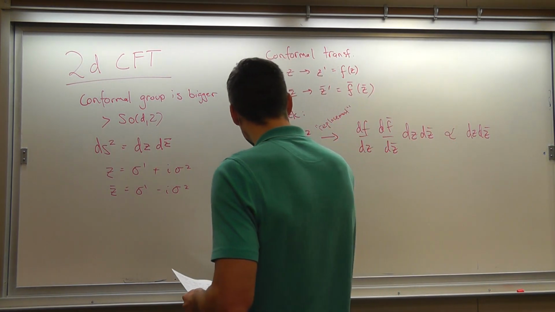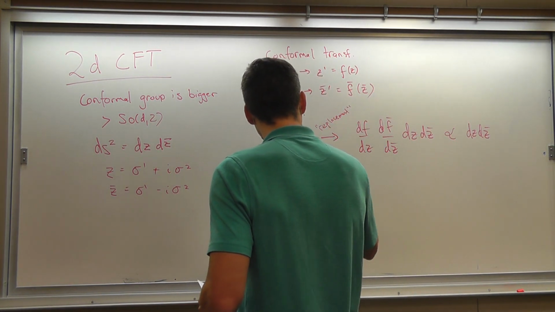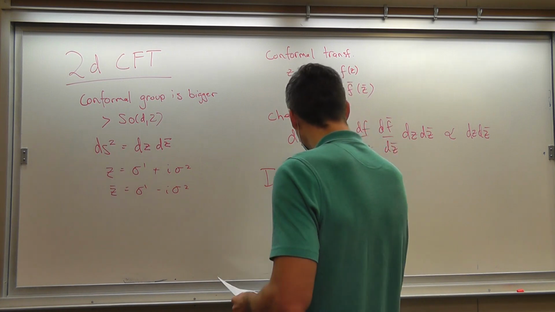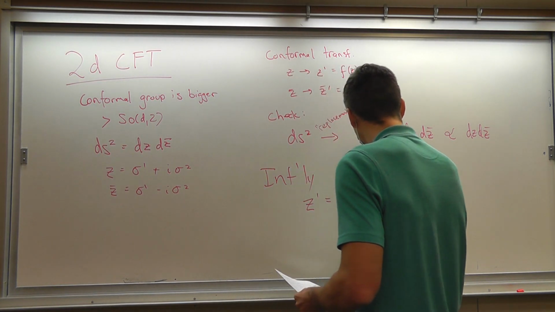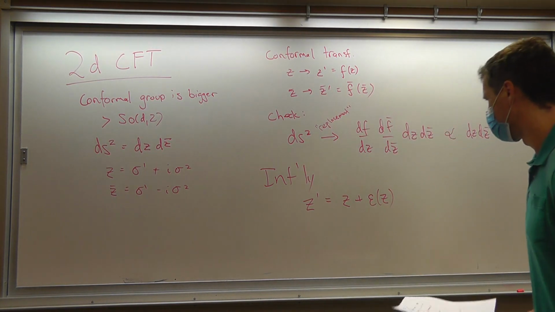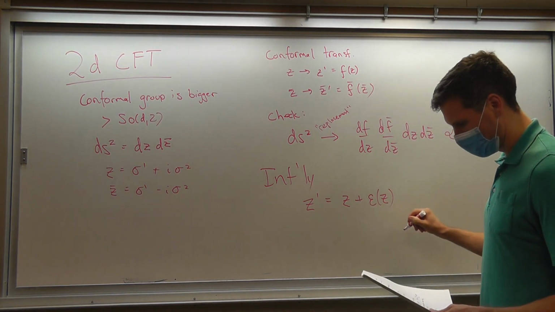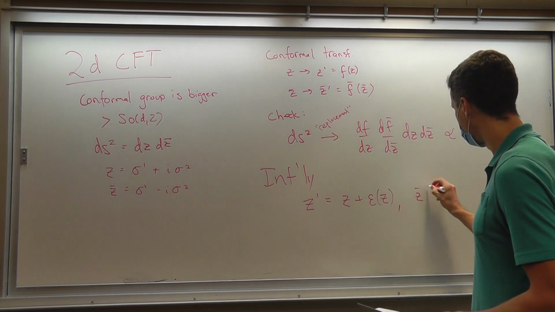Infinitesimally, these transformations are z prime is equal to z plus an infinitesimal function of z, and similarly with bars.